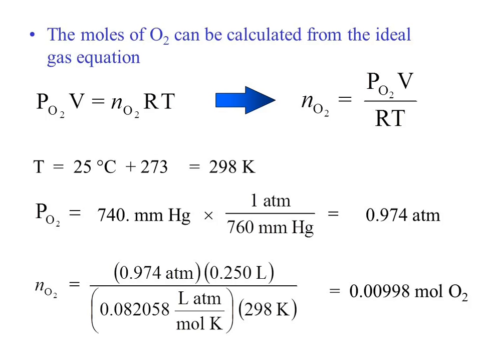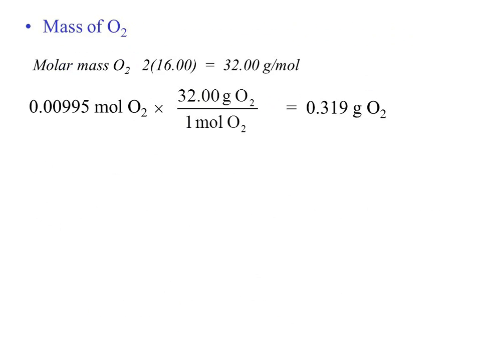We're not quite done yet because they wanted it in grams, so we take this moles times its molar mass: 0.00995 moles of O2 times 32.00 grams per 1 mole. So that's the answer to 1: 0.319 grams of O2.